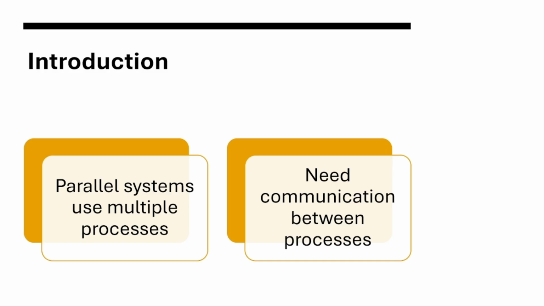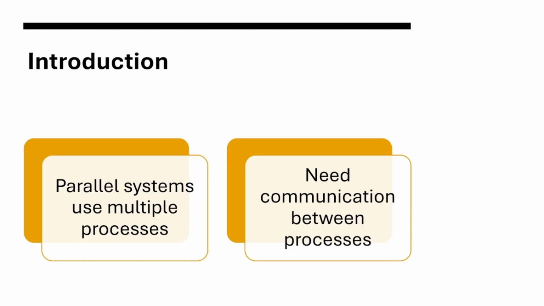Communication can occur in different forms, such as message passing, that is sending and receiving data between processes, and collective communication, broadcasting or gathering data among many processes.